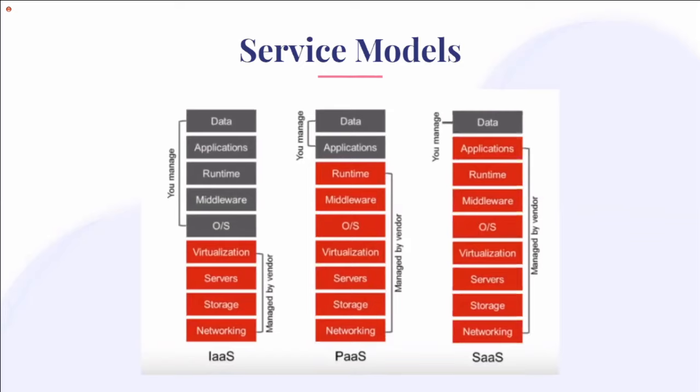Let's quickly look into each service model. In IaaS, the share of responsibility differs between the owner who owns that service and the cloud vendor where that service has been hosted. Here the responsibility is majorly with the owner who has hosted that service.